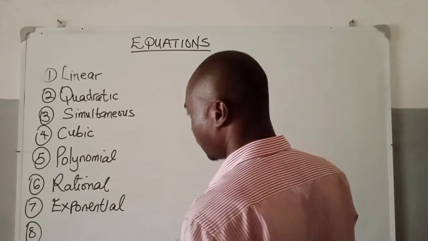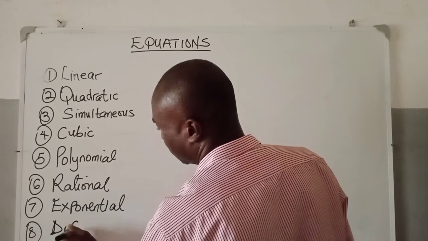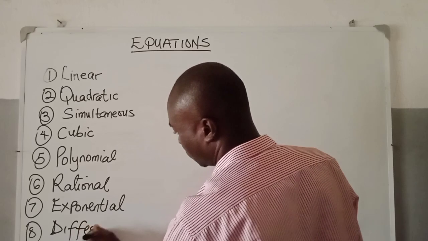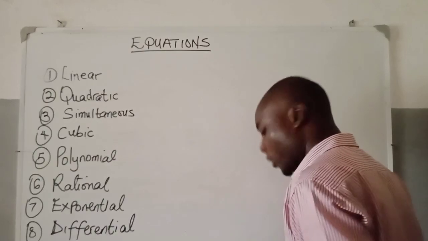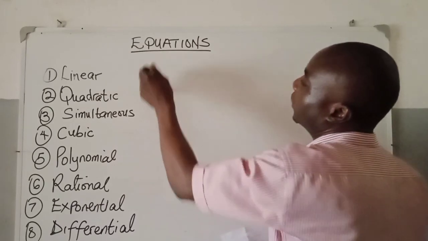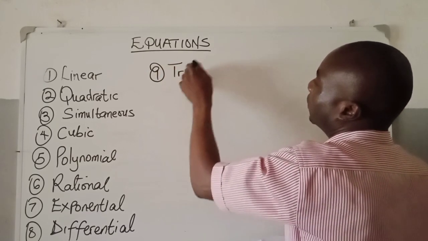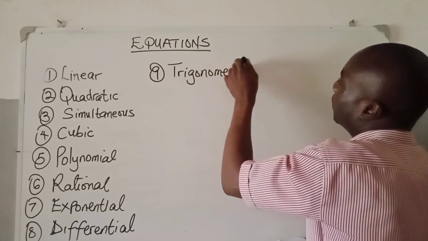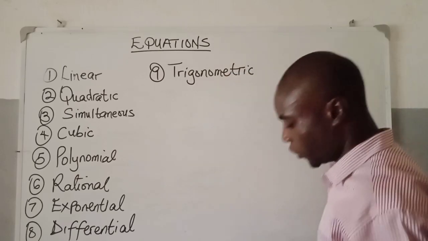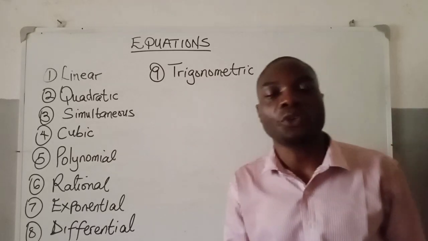Then we have the differential equation. And we also have the trigonometric equation. All right. So all these are different types of equations.